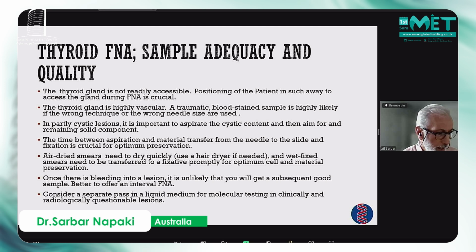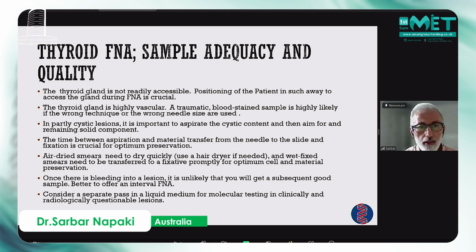The thyroid gland is not readily accessible, as you all know. Positioning of the patient in such a way to access the gland during FNA is crucial. Typically, you would lift the shoulder blades and try to hyperextend the neck so that sternocleidomastoid muscles fall back and you can expose the thyroid gland a bit better.